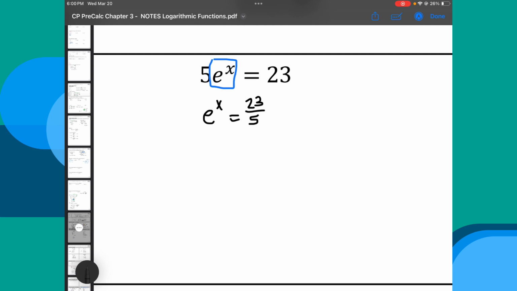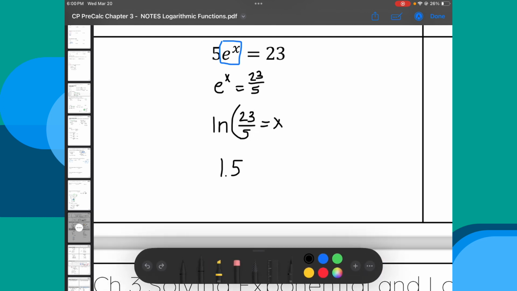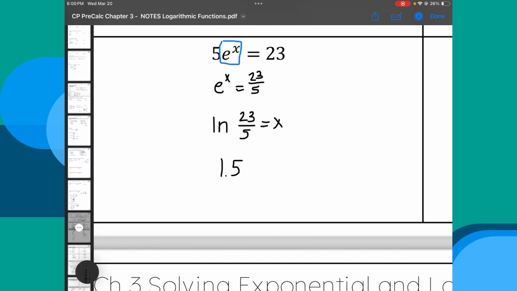So log base e of 23 over 5 is equal to x. Remember, log base e is natural log, so we can put natural log of 23 over 5 into our calculator. Make sure that we are either using parentheses around the 23 over 5 or we're using our fraction button. And we get 1.526.